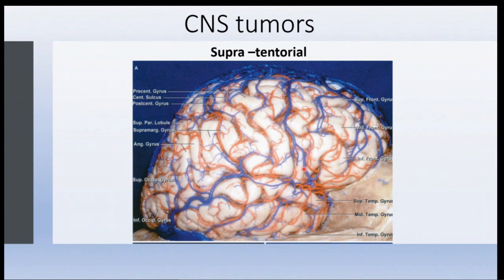Once we have a tumor in the supratentorial compartment, we can classify it according to the location. So if it is from the frontal pole back to the central sulcus, this is the frontal lobe, and this will be a tumor within the frontal lobe. If it is in the parietal lobe, which extends from the central sulcus back to the calcarine sulcus, we call it parietal. Then we have the temporal and the occipital lobe tumors.